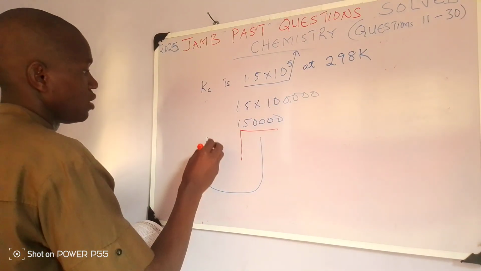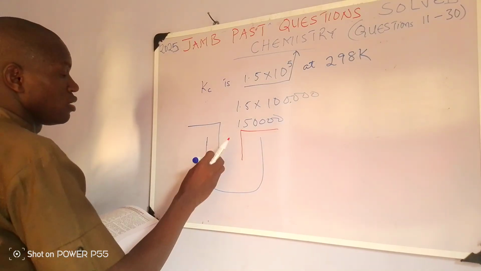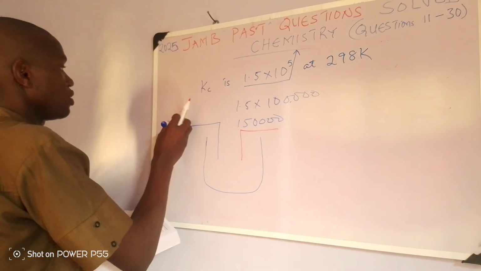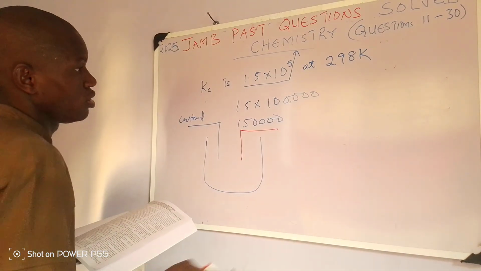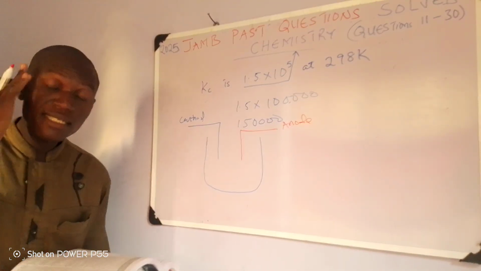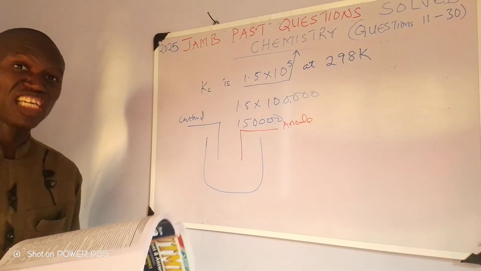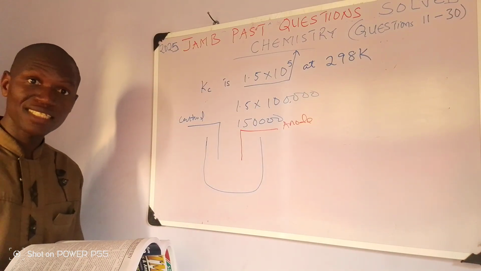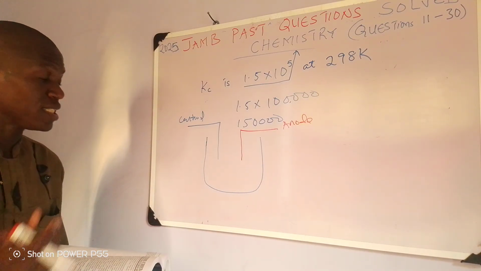Okay, so let me say this is cathode and this is anode. Now they are asking where are reducing agents found? A reducing agent is an agent that can donate electrons.